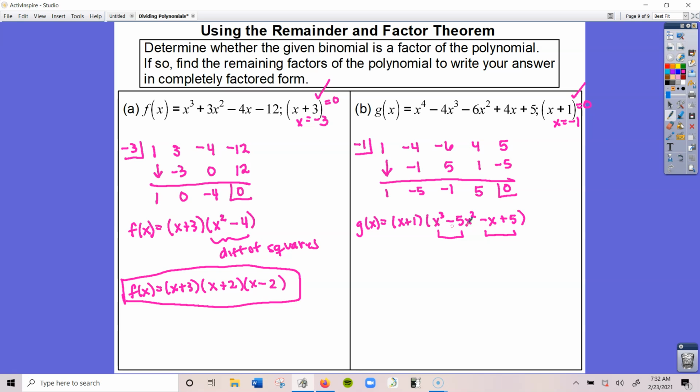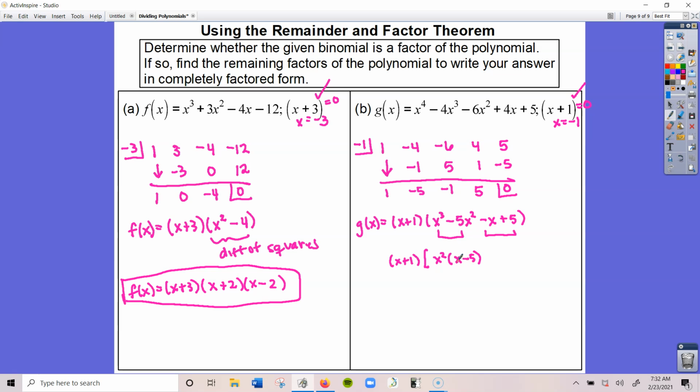So let's factor that. We have the x plus 1 already on the outside. X cubed minus 5x squared has the greatest common factor of x squared. And if I take out the x squared, I'm left with x minus 5. Over here, we have negative x plus 5, keeping in mind that we want what's in the parentheses to be the same.